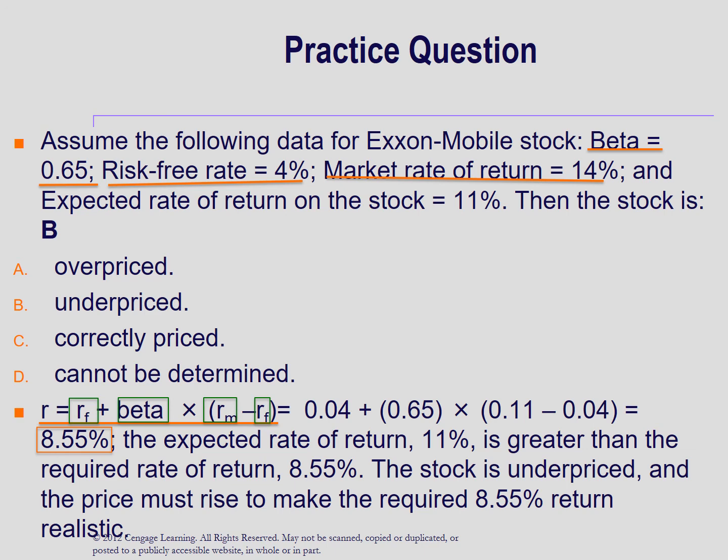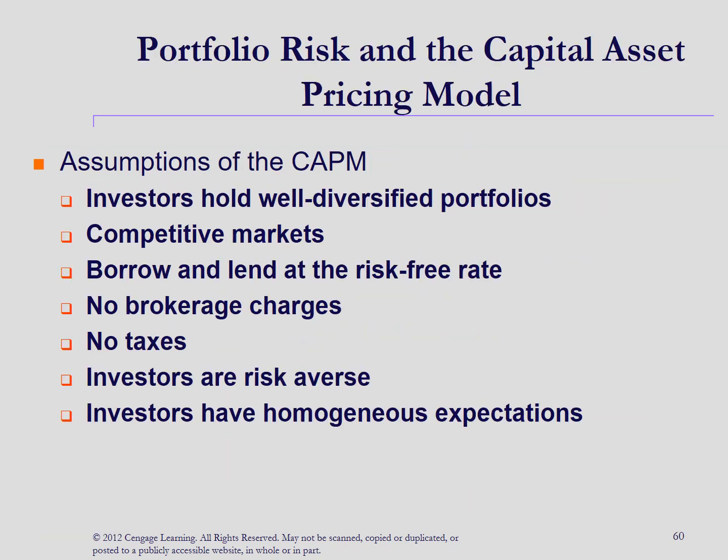The expected rate of return is 11%, greater than the required rate of return 8.55%. The stock is underpriced, and the price must rise to make the required 8.55% return realistic.